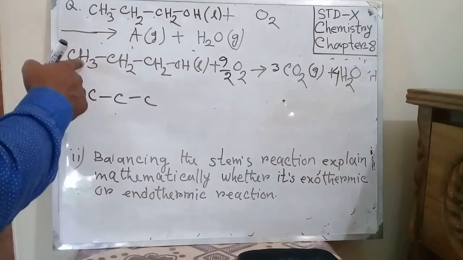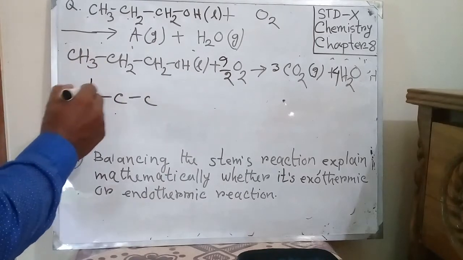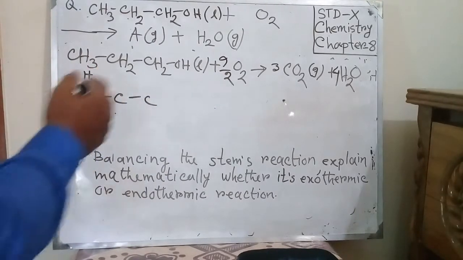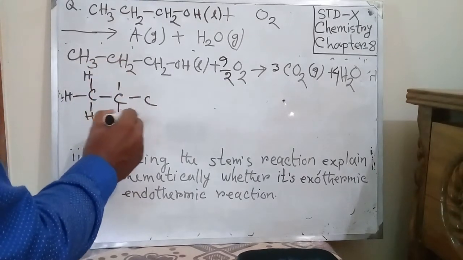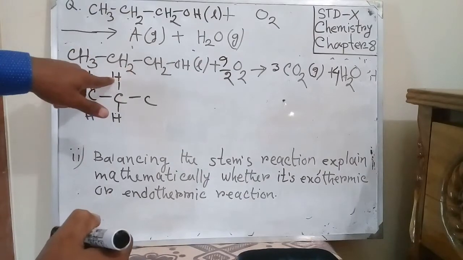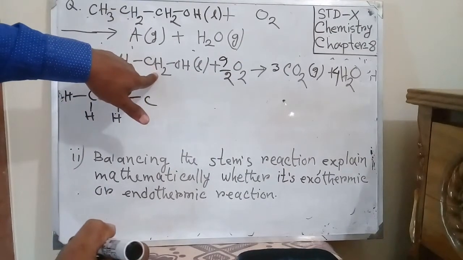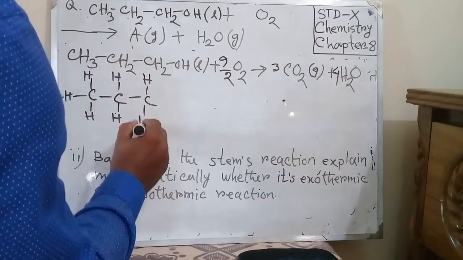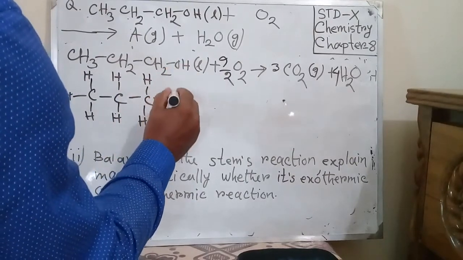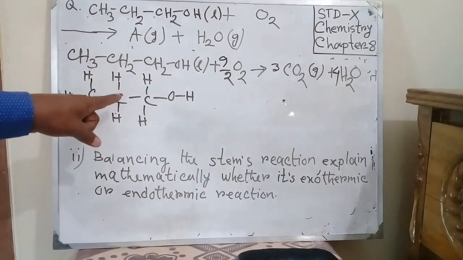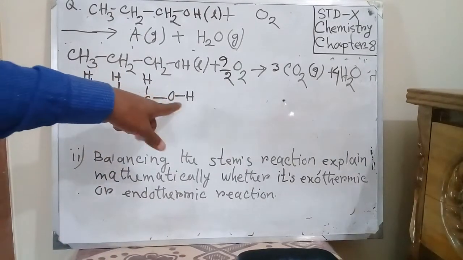Then at this carbon, how many hydrogens are there? 3, 1, 2, 3. I can write 3 hydrogens and here 2. At this carbon there are 2 hydrogens, 1 and 2, and in this carbon there are 2 hydrogens. So I can write this and this one. This is the structural formula of propanol-1.